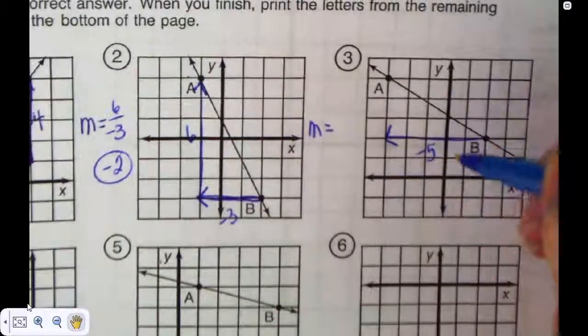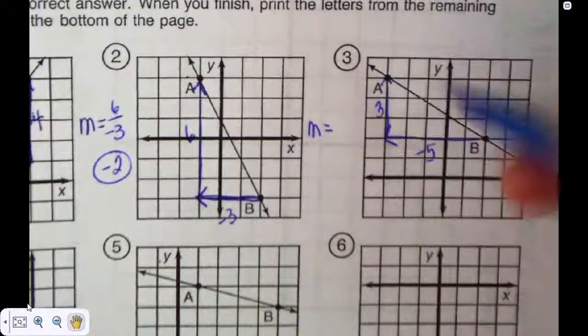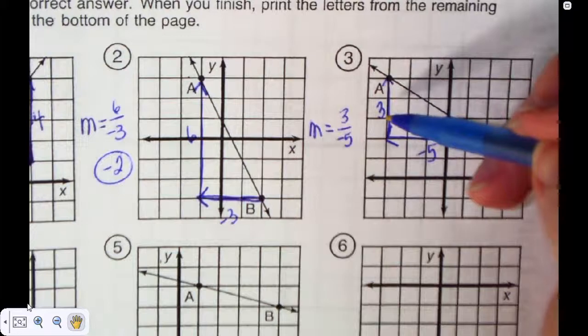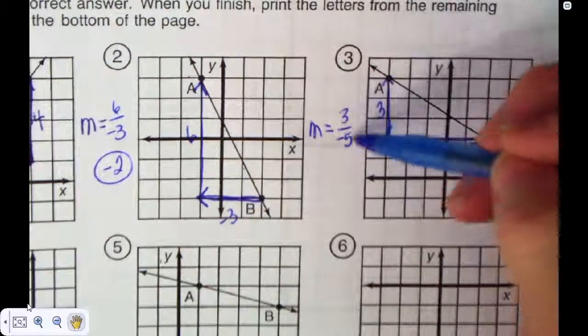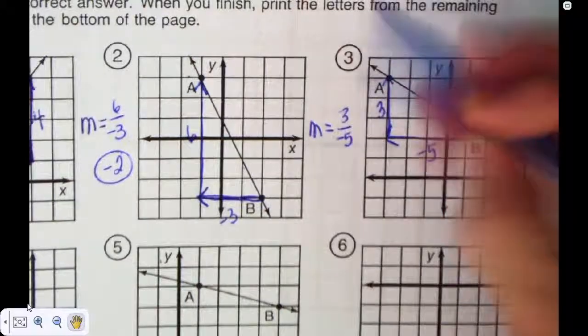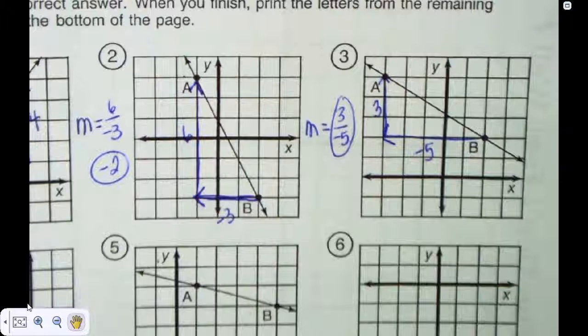That's -5. We're going up how many? 3. So 3 over -5. I'm not making you rewrite that, but if there's one negative, the whole thing's negative. So it's -3/5.